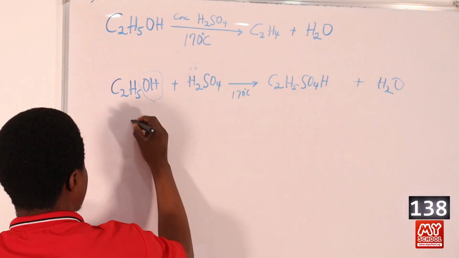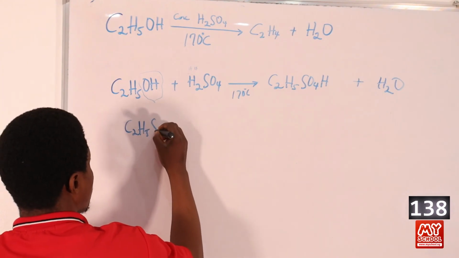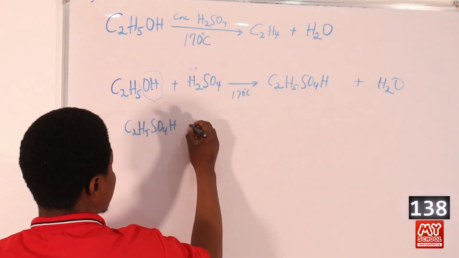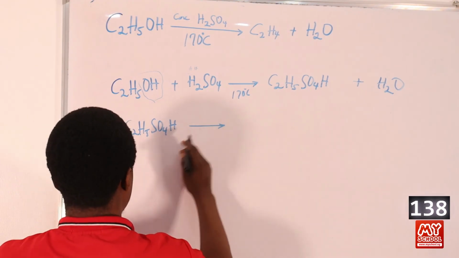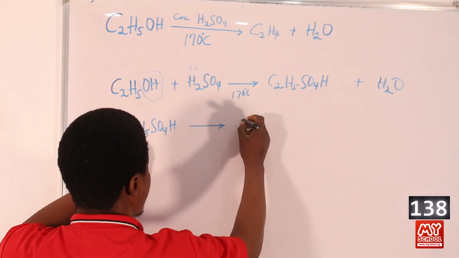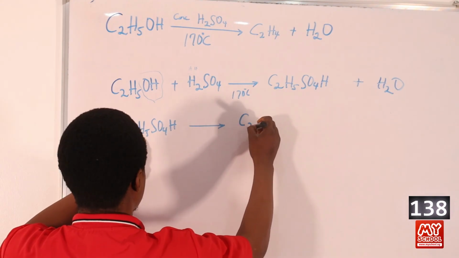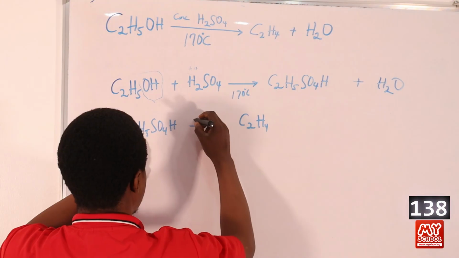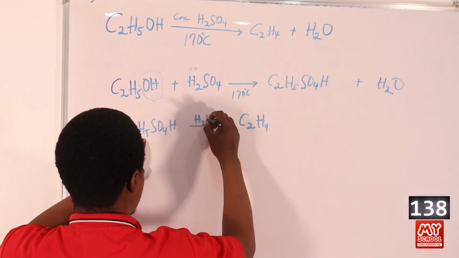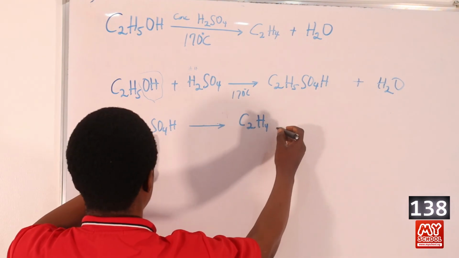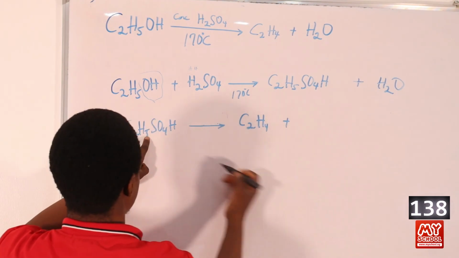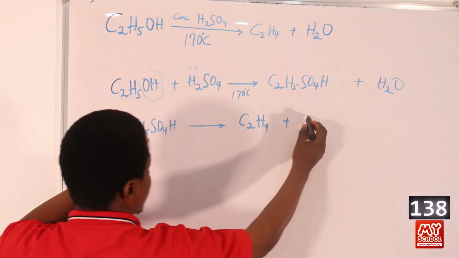Then this C2H5SO4H now reacts again. What happens now gives us C2H4. Okay, we can have H2O, H2SO4, or we have it here C2H4. Then we have 1 hydrogen here that reacts with this to form H2SO4.